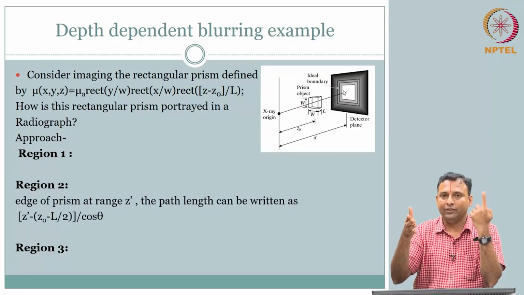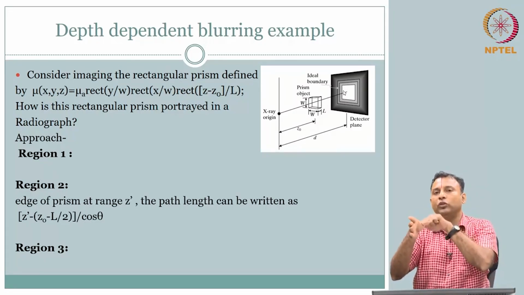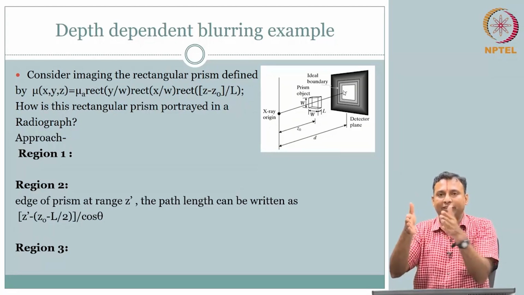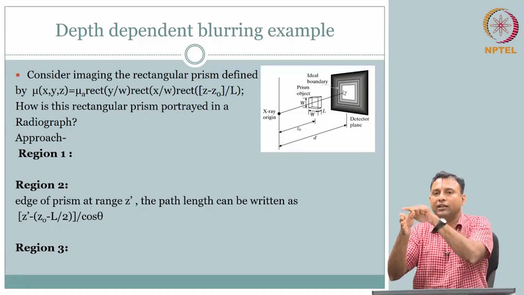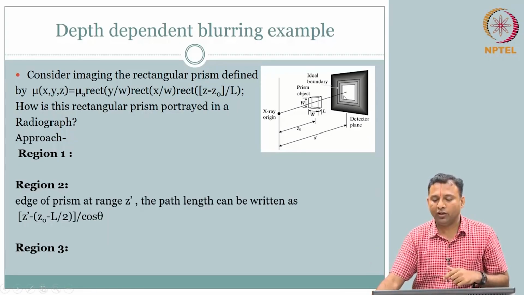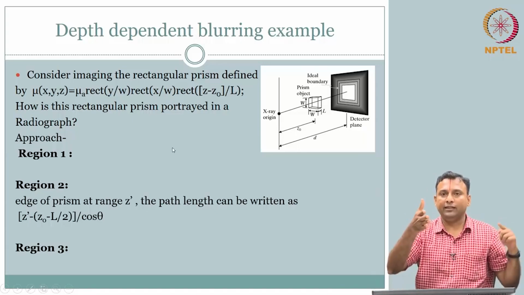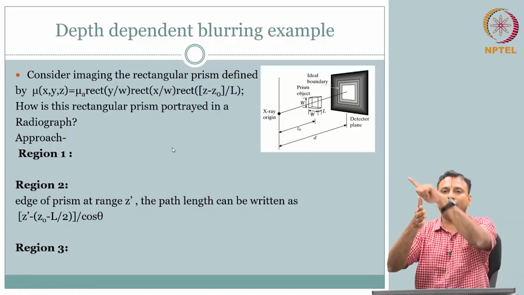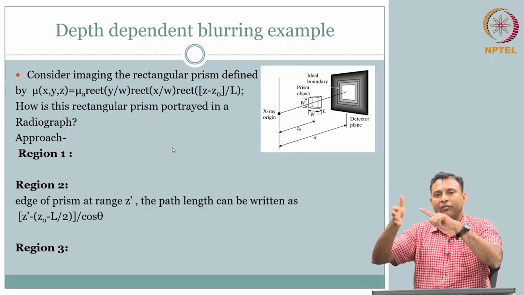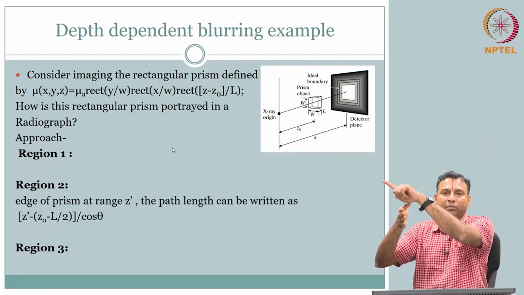So the first region has no issues. Everything goes in the front face and comes out the back face, and you get an image for which we know the equation already. But region 2, which is complicated, is where the ray goes in but exits because of the angle, before it reaches the end face. That is also going to be observed partially in the detector plane.